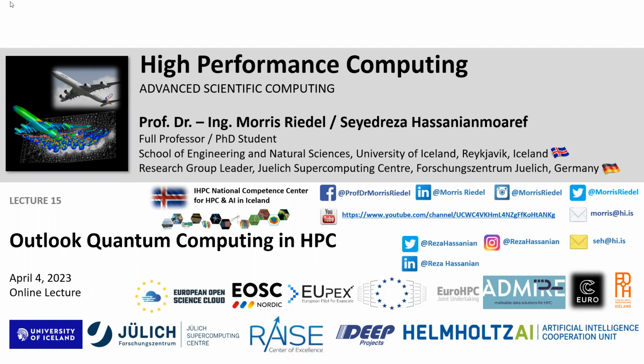In the second part, we will have some review on quantum computing, qubits, superposition and entanglement for the state of the qubits, and then we will have a very brief look at IBM quantum computing with a simple example.